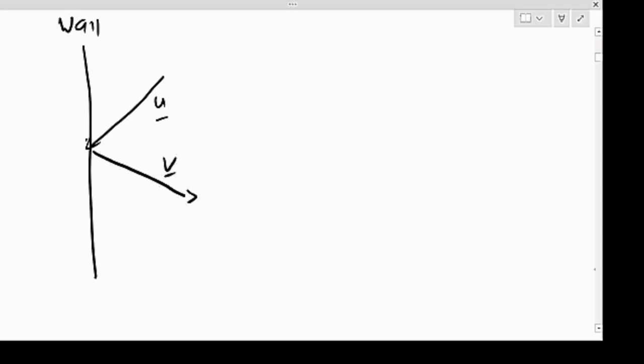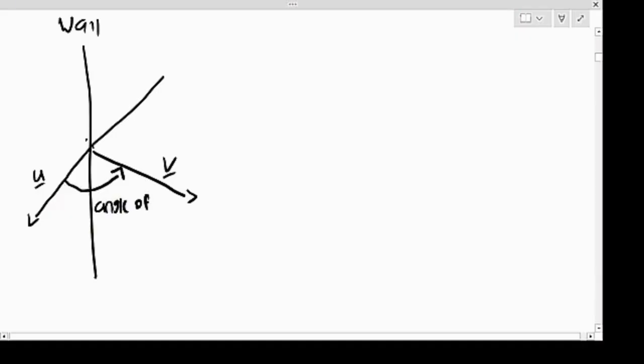Now the angle deflection, if I extend and continue on the original velocity like this, is how much I've changed the direction by. So it's going to be this whole angle here. That's my angle of deflection.